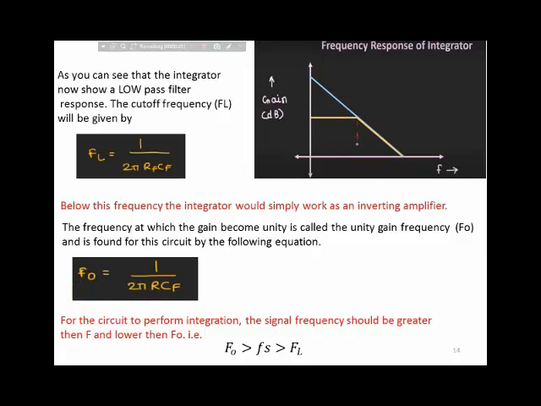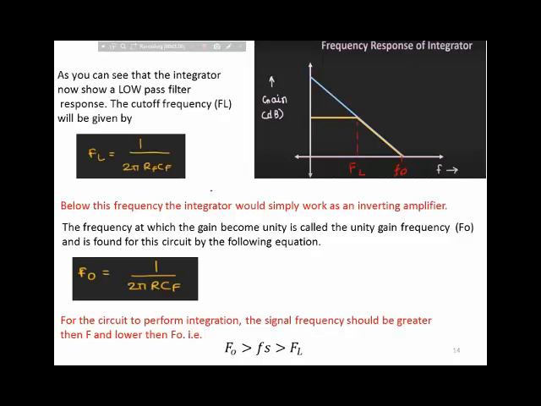So unity gain frequency is defined here, where gain becomes 0 dB. At 0 dB, the gain would be at unity, so it is called unity gain frequency, and it can be found from the circuit by using this relationship that F0 is equal to 1 over 2 pi R into CF, where this R is connected as this resistance.